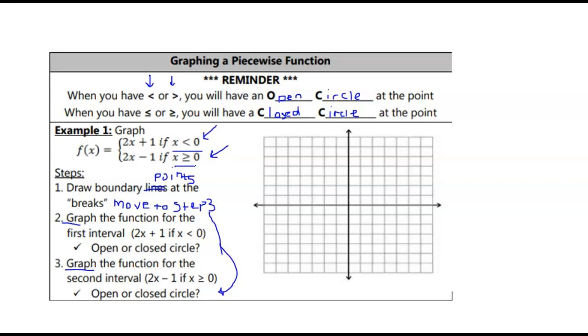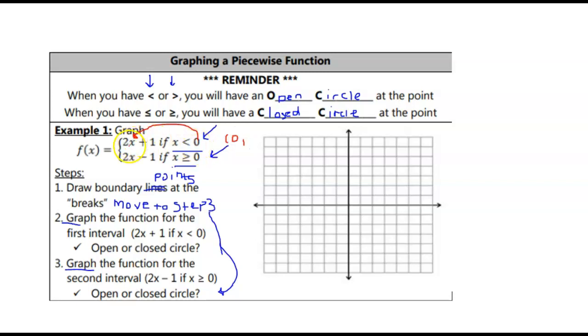So what I'll do first is go ahead with my red pen. I will input my boundary point, which is 0, into the first function to figure out where that point is. I know the x value of that point is going to be 0, so I will write a 0 on the side to notate that.